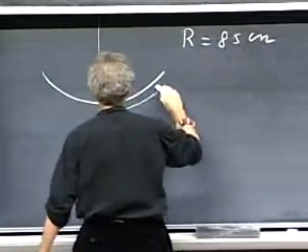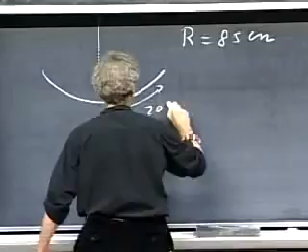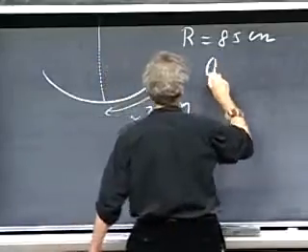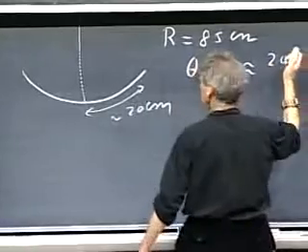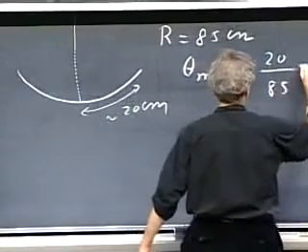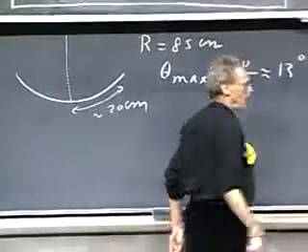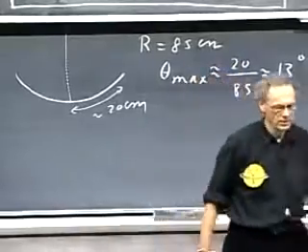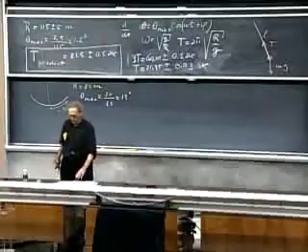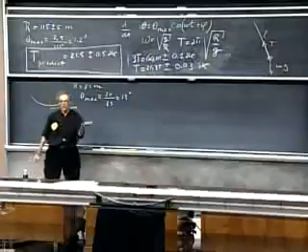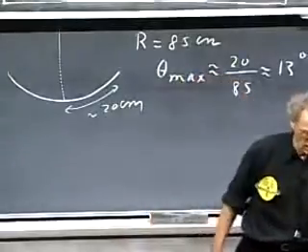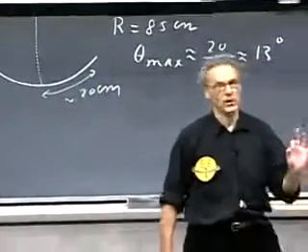And this here is approximately 20 centimeters, so theta maximum is roughly 20 divided by 85, and that is something like 13 degrees. 13 degrees is not a bad situation, because the difference between the cosine theta and 1 minus theta squared over 2 is less than 0.01%.